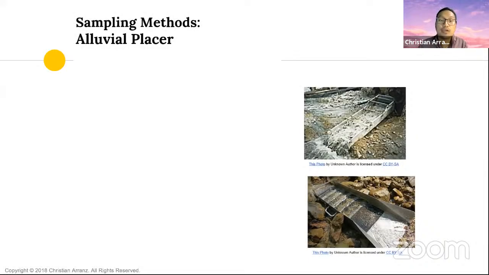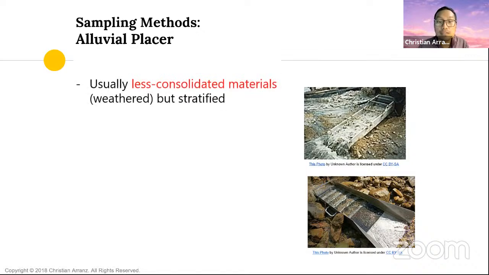And then you have alluvial placer methods. What you do here is you use this to separate the material using their specific gravity, if you would recall those concepts. No? Of course, the heavy materials would actually go to the bottom or sink or will not be carried away by water as easily as the lighter ones, okay?